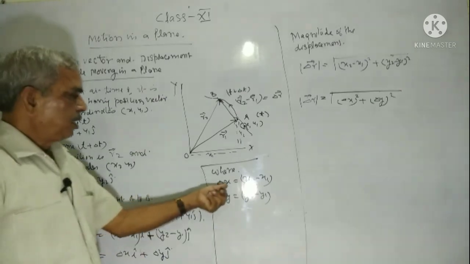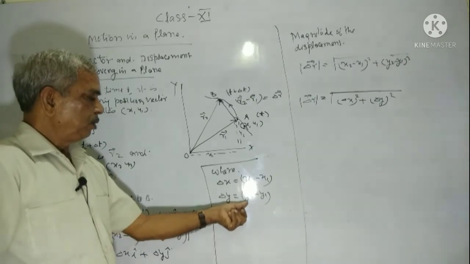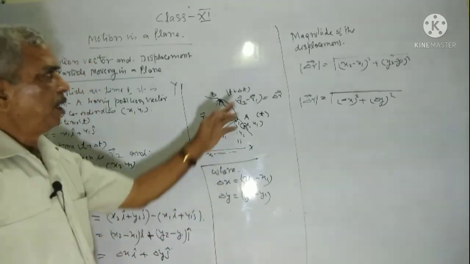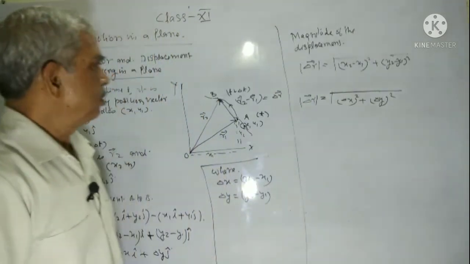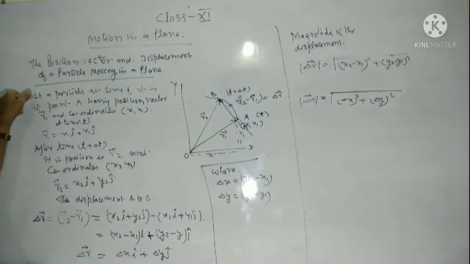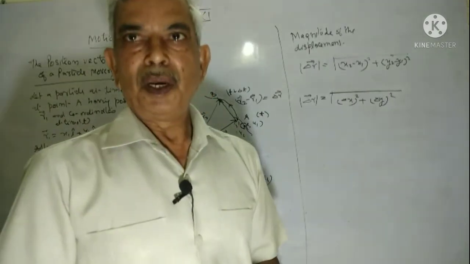Here delta x equal to x2 minus x1 and delta y equal to y2 minus y1. In the magnitude form we can write this way. So this is all about the position vector and the displacement of a particle moving in a plane.